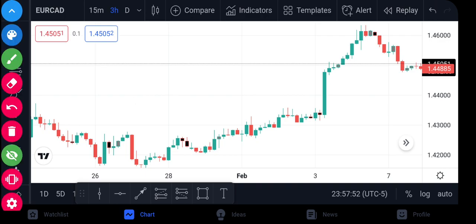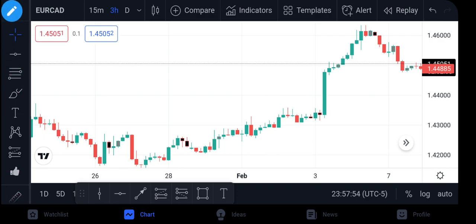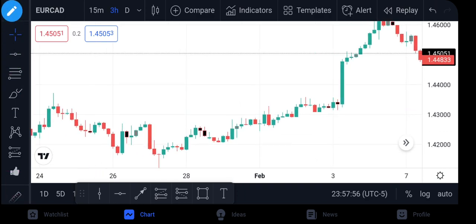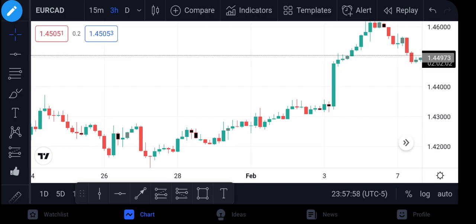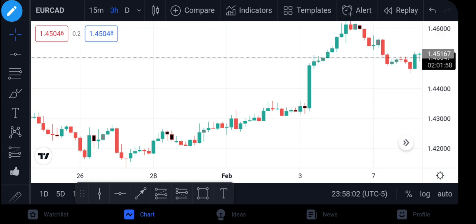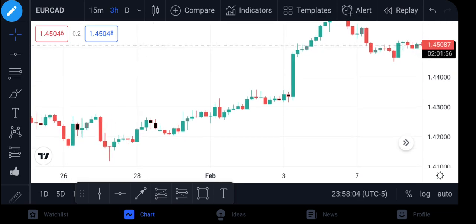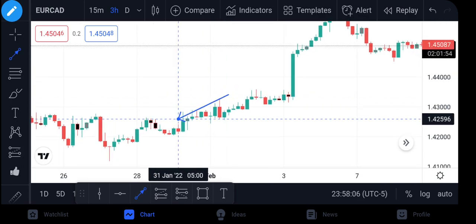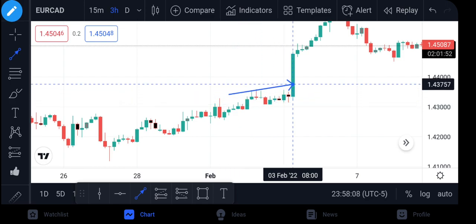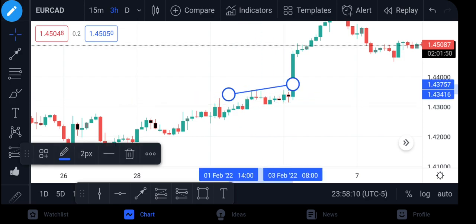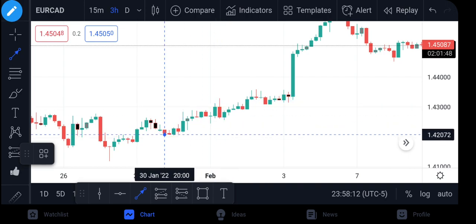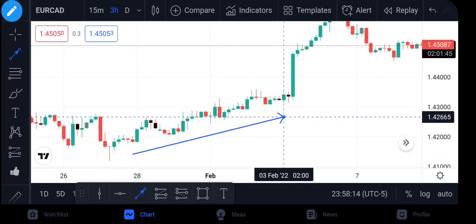Like I was saying in the previous ones, Euro card is currently following this structure. You can see it was in an uptrend.